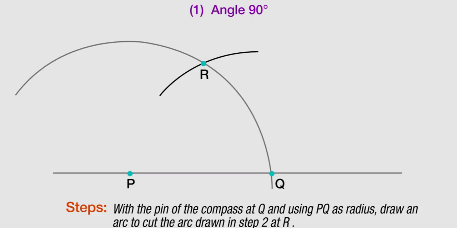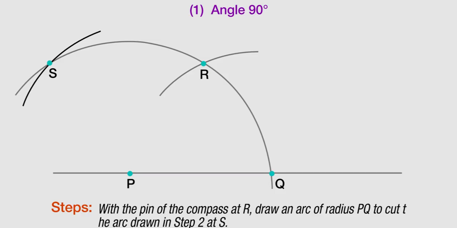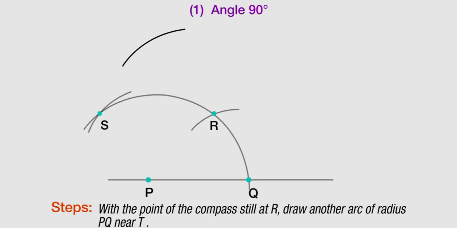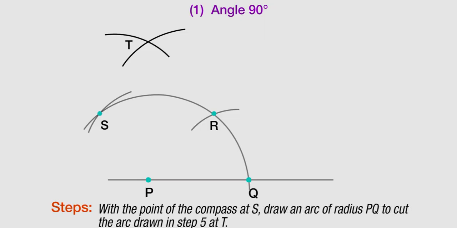Step 4. With the compass point at R, draw an arc of radius PQ to cut the arc drawn in step 2 at S, as shown. Step 5. With the compass point at R, draw another arc of radius PQ near T, as you can see. Step 6.